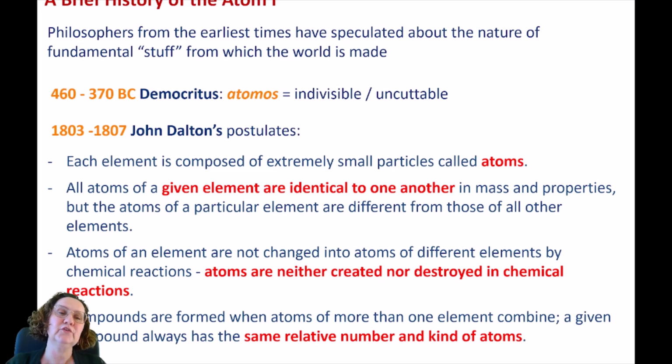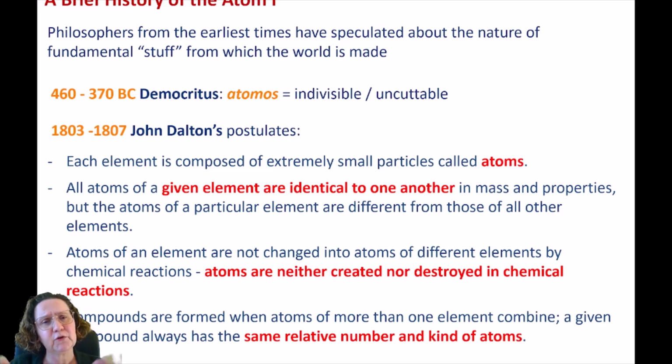And it was in the 5th century BC that Democritus came up with his theory of atomos. And he proposed this idea that matter, when broken down to the minimum level, was made of these atomos, and those were indivisible particles. They could not be cut any further.